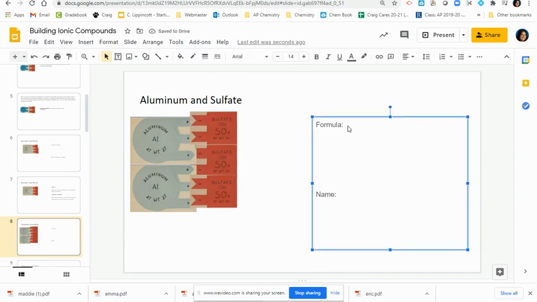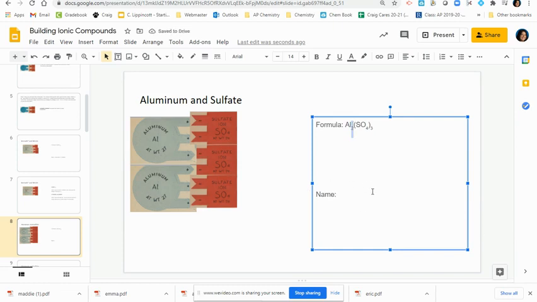So what would the formula for that guy look like? Well, it's going to be Al. We have 2 of those. And then our sulfate, we have 3 of those. But again, we have to put those in parentheses so that people understand that that 3 applies to the entire thing. Then I'm going to go back and remember Control, comma, gives me my subscripts, and you should use your subscripts.